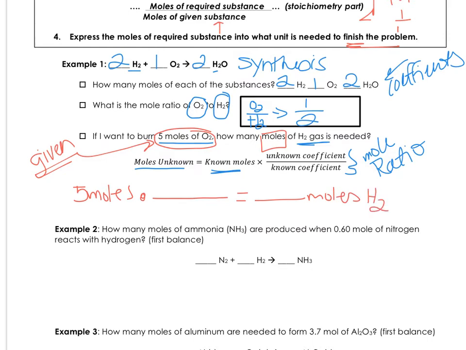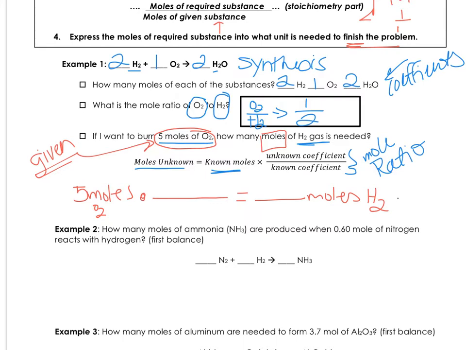Does this look familiar? Because it should. It's exactly how we do a dimensional analysis. And I'm going to clarify that this is moles of O2 that we start with. Now, what we need to do is use our mole ratio. If I have 5 moles of O2, how many moles of H2 does that really entail? That means I need to use my mole ratio.